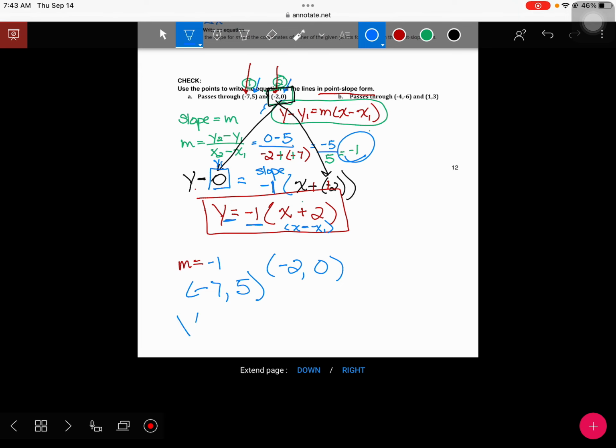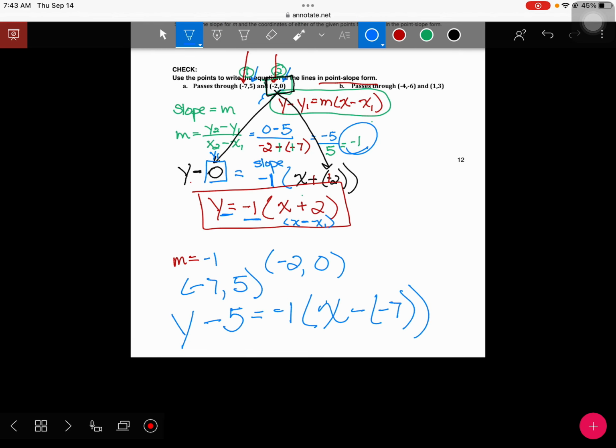What if we said y minus y sub 1, which is 5, equals negative 1 times x minus negative 7, in parentheses.